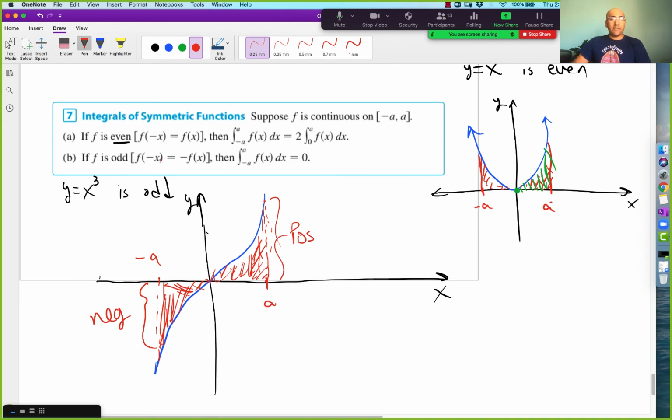And because it's true that f of negative x equals negative f of x for an odd function, this area is going to be the same magnitude, the same quantity, but opposite signs. This one's going to be negative, this one's going to be positive. Therefore, the integral from negative a to a of f of x dx is going to be 0.